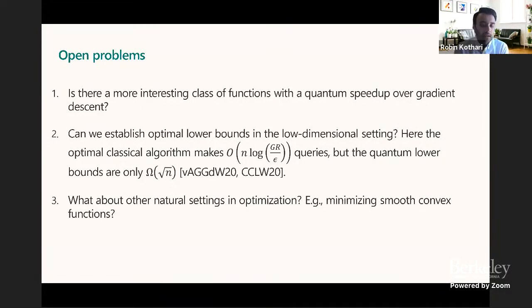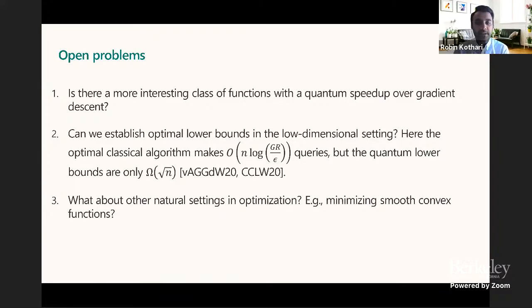And in a more open-ended direction, you can ask, what about other natural settings in convex optimization? Like, what about minimizing smooth functions? There was a question earlier about Nesterov's accelerated momentum method. That's the optimal algorithm for the setting of smooth convex function optimization. Can you do any better than classical algorithms in that setting?